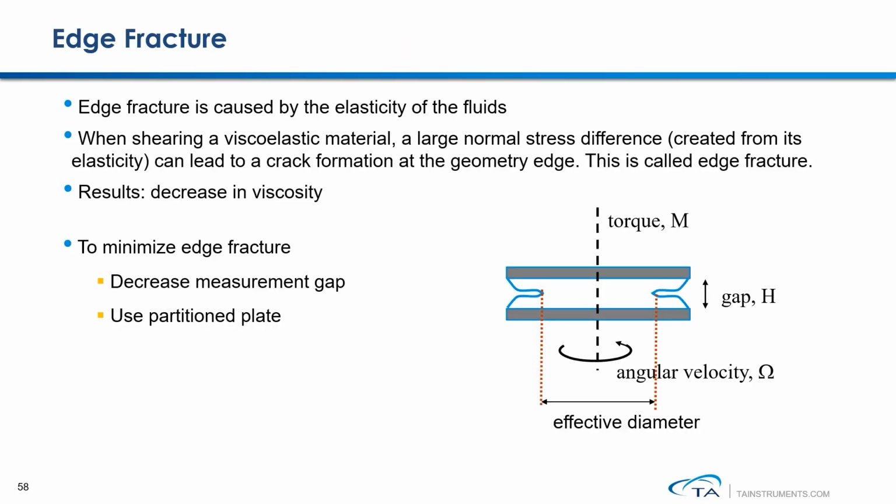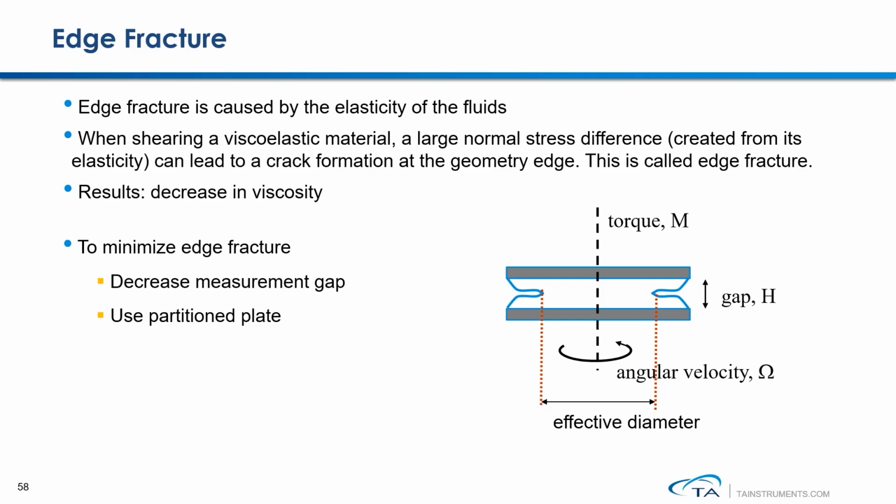Another factor which could also cause artifact results is edge fracture. Edge fracture is caused by the elasticity of the fluid. When shearing a viscoelastic material, a large normal stress difference can lead to a crack formation at the edge of the measurement geometry. This is called edge fracture.